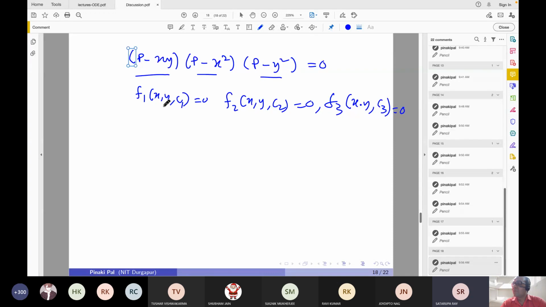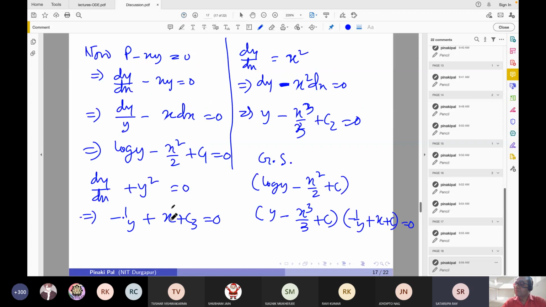So these are the three solutions corresponding to the individual factors. So what is the meaning of this solution? From this equation you can derive p minus xy equal to 0. So look at the first equation.